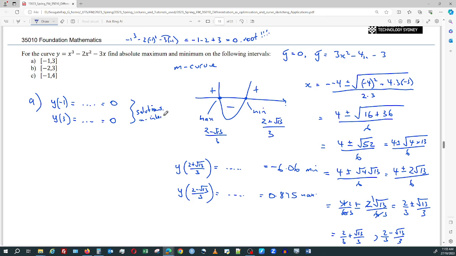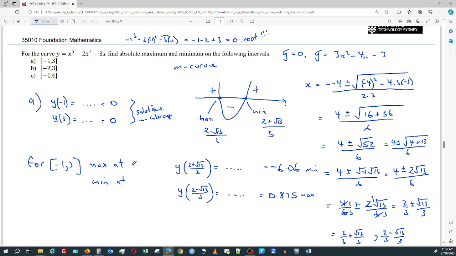Okay, so we worked out some interesting values, but either way, when we compare the points A, B, C and D, the minimums and the maximums apply. So for the interval 1, 3, max at and min at.